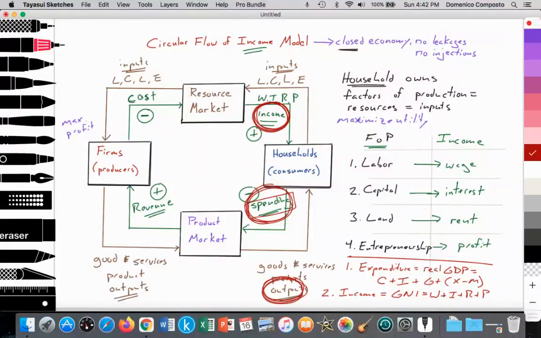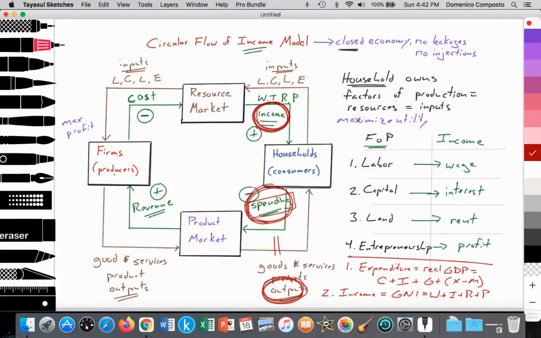So in theory, the three should be equal to each other in a closed economy. Output should be equal to the value of spending. If I spent $1 on a particular product, then the value of that output or product is $1. And on the household side, if they've generated $1, that's the value of their productivity. They've used their resources to produce forms of income, part of the production process on the side of the firm.